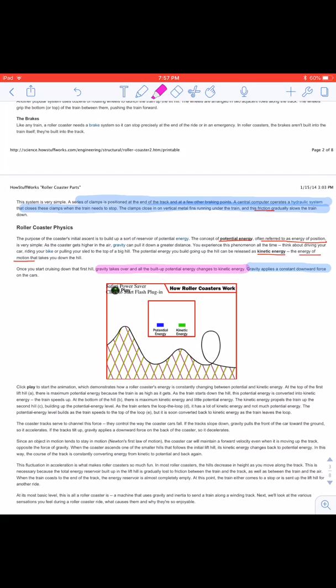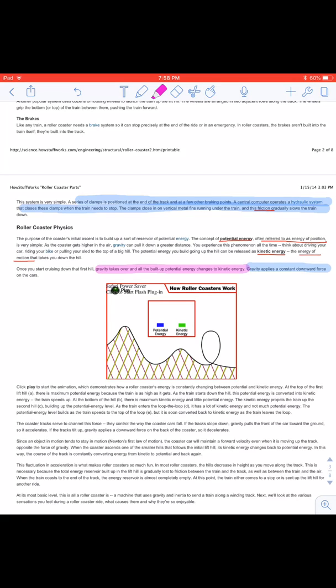The train speeds up. At the bottom of the hill, B, there is maximum kinetic energy and little potential energy. The kinetic energy propels the train up the second hill, C, building up the potential energy level. As the train enters the loop, D, it has a lot of kinetic energy and not much potential energy.